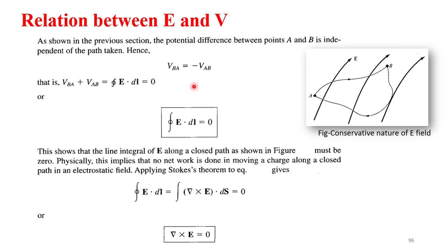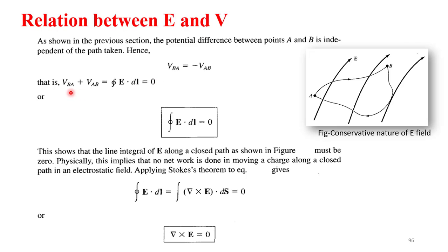Clear? But if I write that for A to B and B to A, it means we are traveling like this. For example, suppose this is A to B and we are traveling from B to A. If you observe this total path, it is now a closed path. So for the closed path, the integration of E bar dot dl bar results in 0.